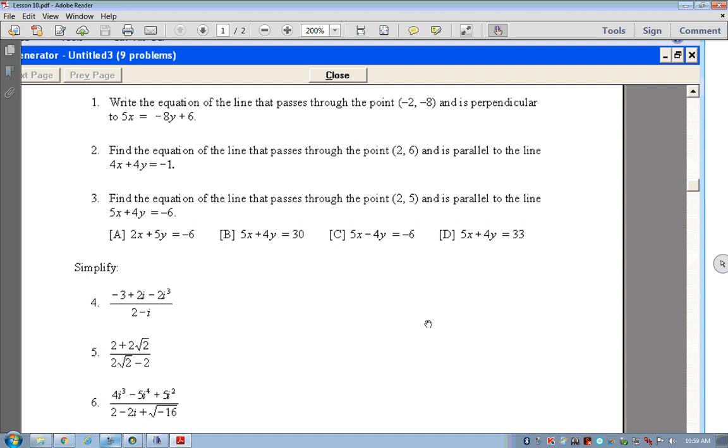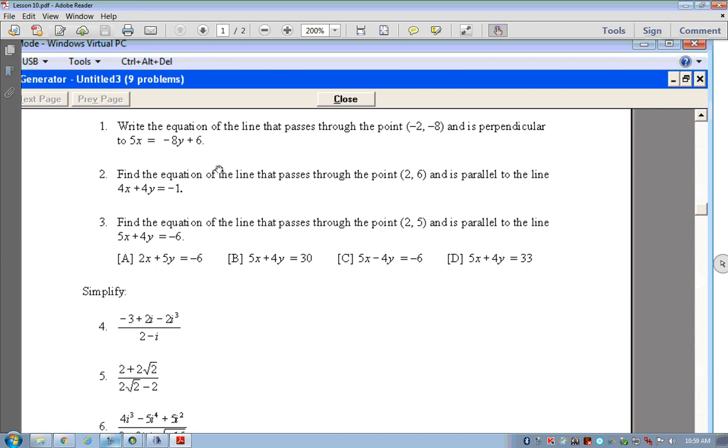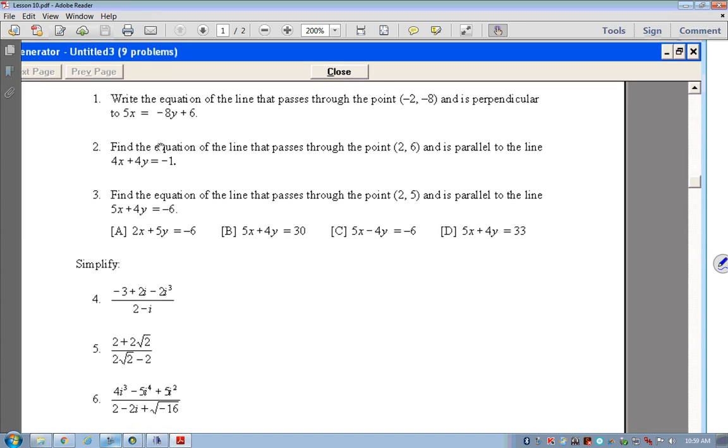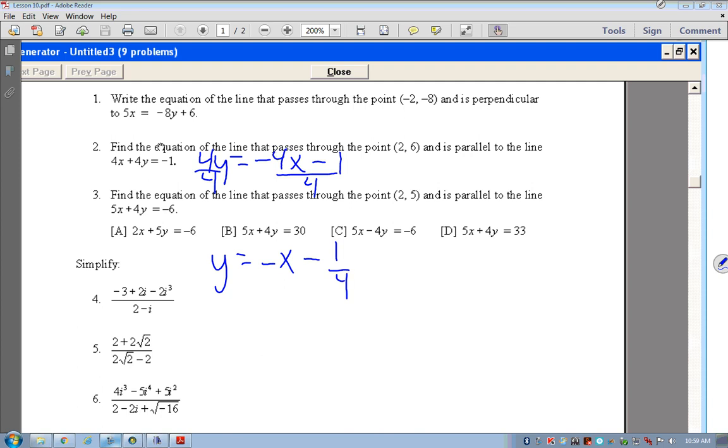So if we look at this, I've got 4x + 4y = 1. So I would get 4y = -4x - 1, right? If I'm starting to convert this over to slope-intercept form, divide by 4. So I get y = -x - 1/4, right?